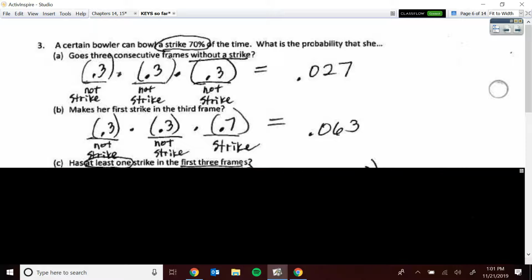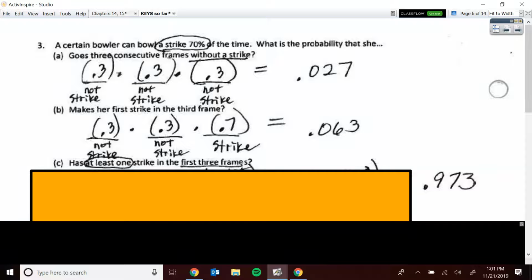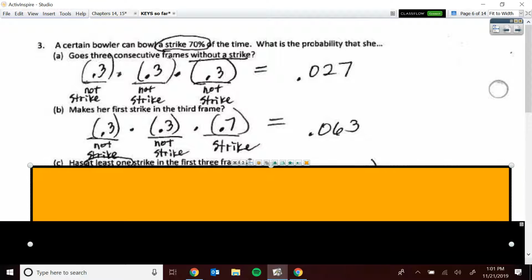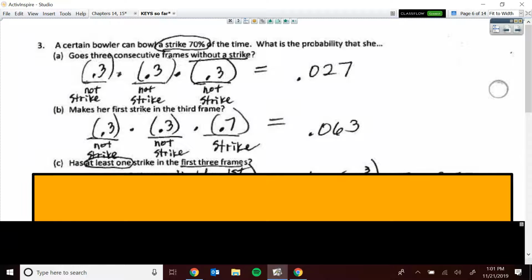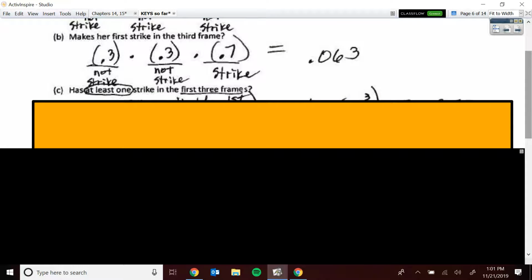All right, so let's discuss again. Here is our at least 1. So the probability of at least 1 strike in the first 3. So at least 1 of the first 3 is a strike. So the probability of at least 1 is all of it except for what? None of them being strikes.